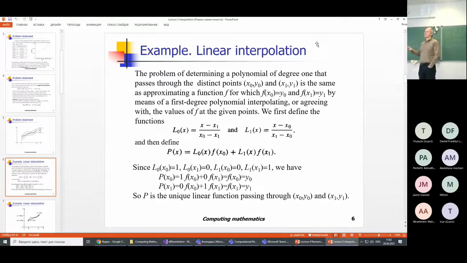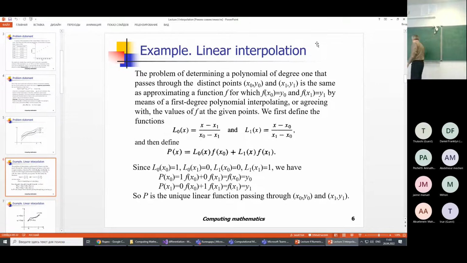According to the rules of differentiation, the derivative of a sum is the sum of the derivatives, and the derivative of a function multiplied by a constant equals the derivative of the function multiplied by this constant.